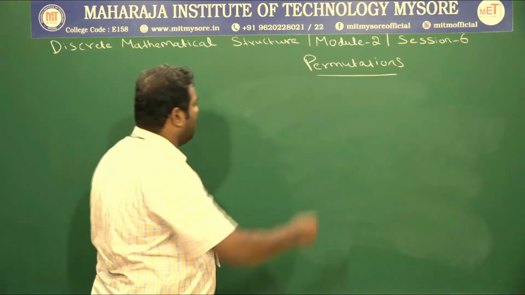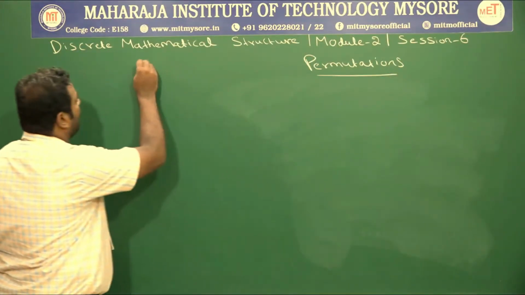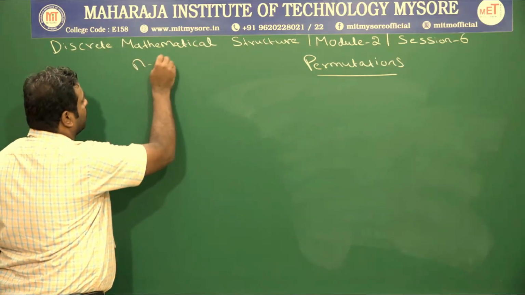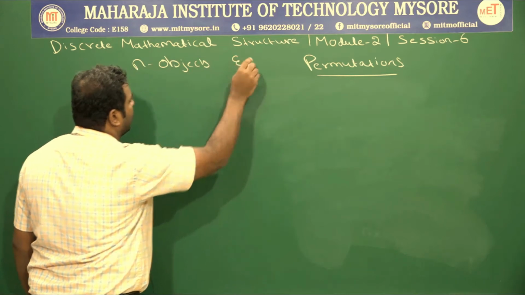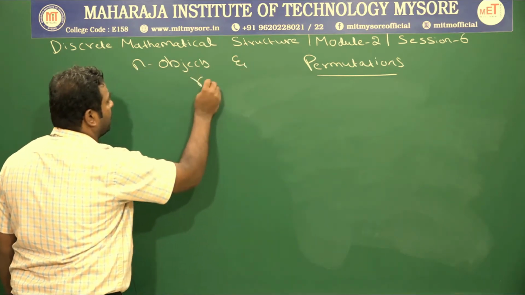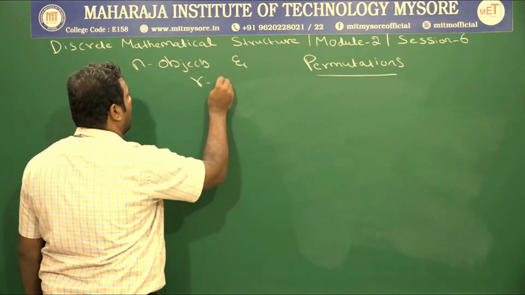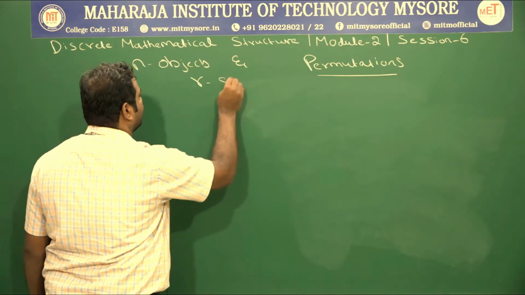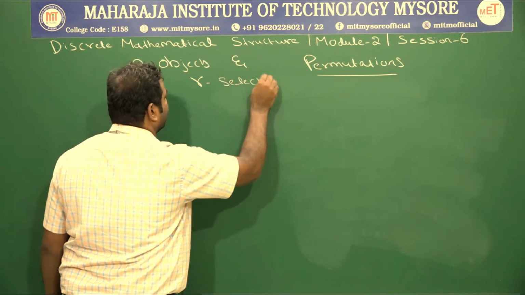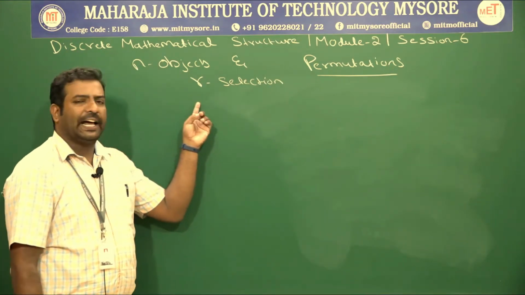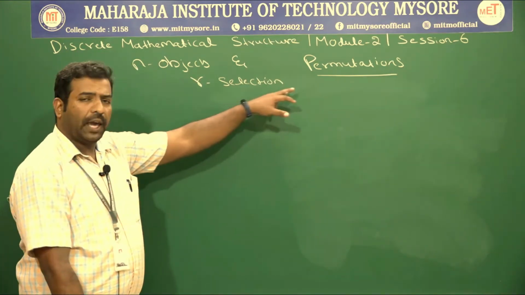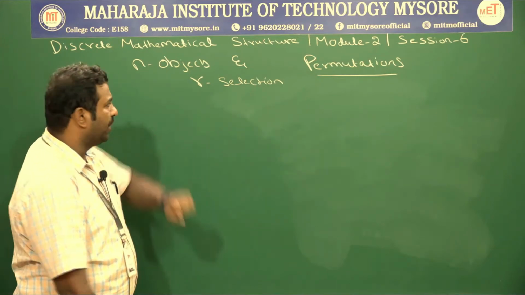For given n objects, and r choice, I need to make r selection. I'll just put this as selection. So now for the given n objects and r selection, I'm going to use the form of permutation.